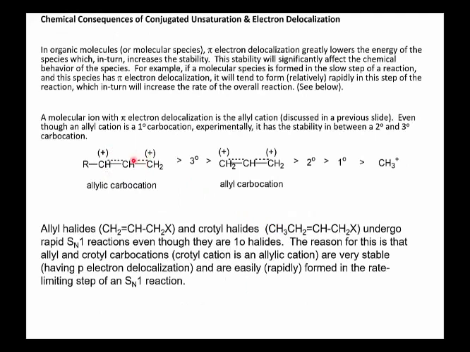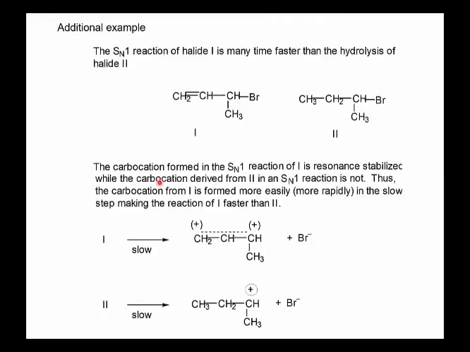And you can remember from the series, the allylic carbocation is the most stable of all possible carbocations. So when 1 undergoes an SN1 reaction, it forms an allylic type carbocation, which is very, very stable.